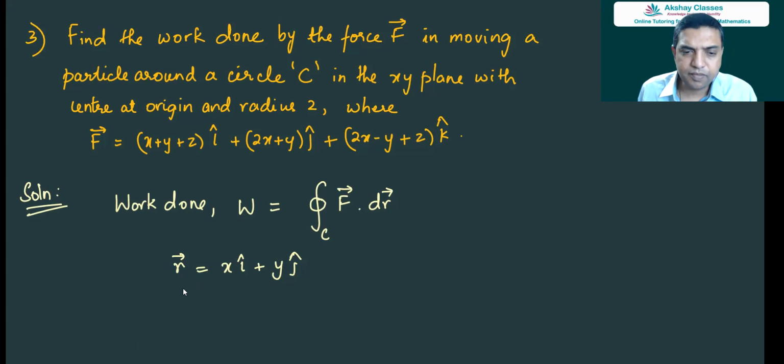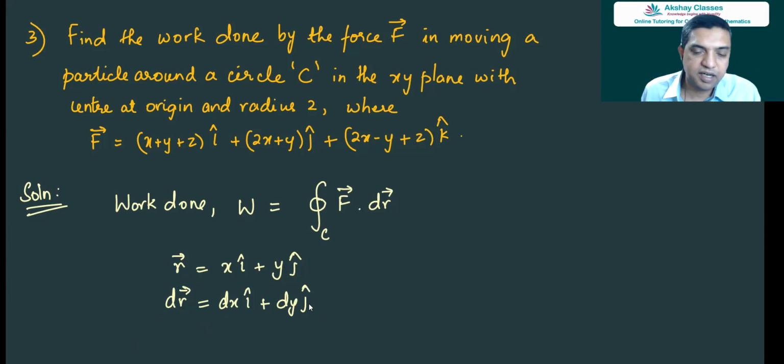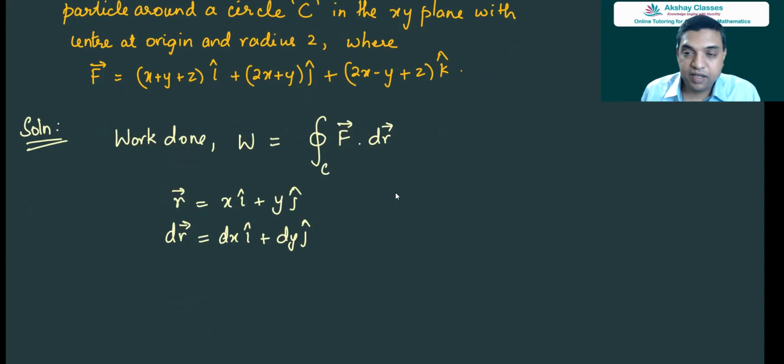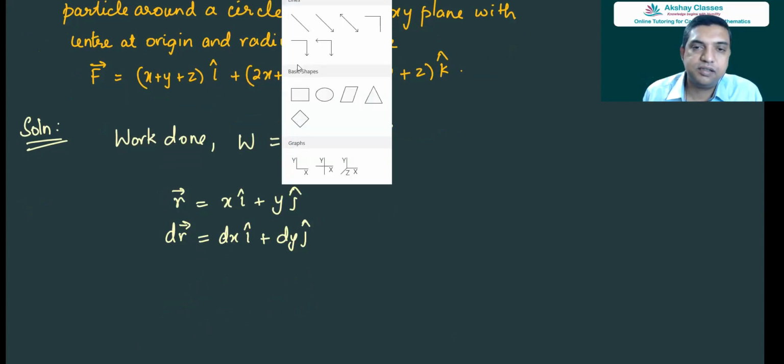And now dr will be dx i plus dy j. Now we have to integrate around the circle.